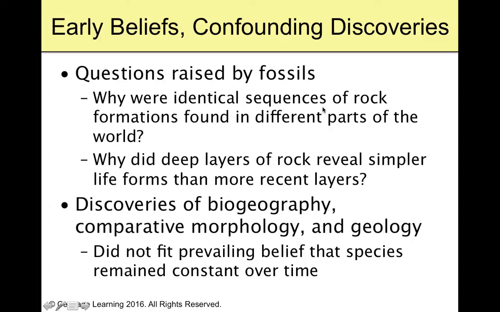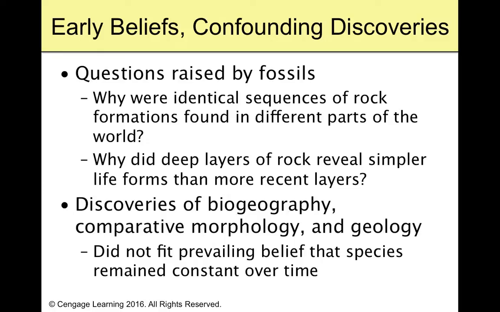So, why do you get these identical sequences of rock formations found all over the world? Why do deep layers of rock have these little simple life forms as opposed to more recent layers that you get like giant ground sloths and prehistoric rhinos and weird junk like in the Badlands, which is just cool, full of weird little stuff like that.